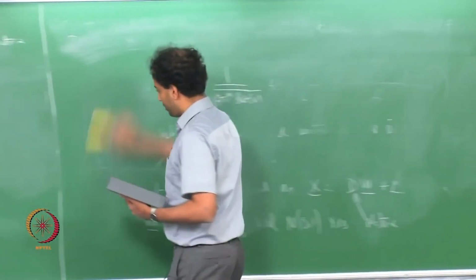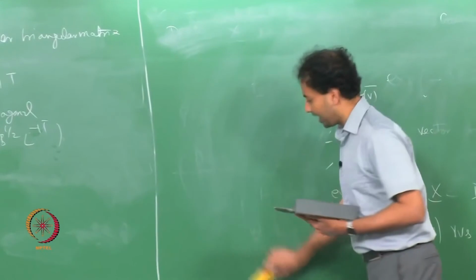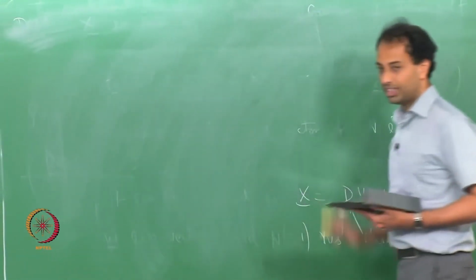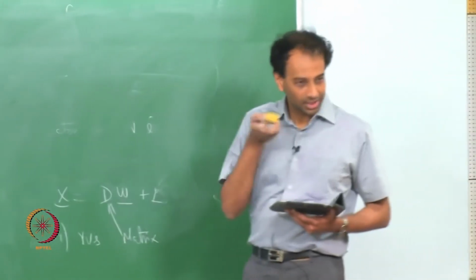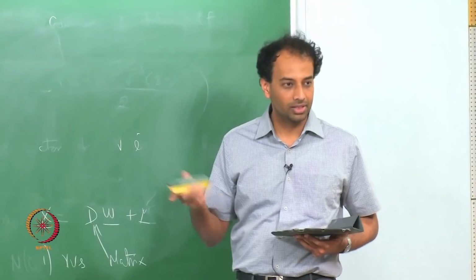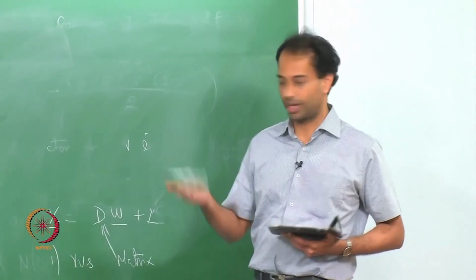If you have a single variate Gaussian, the nth moment is only a function of mu and sigma; it is completely specified by mu and sigma squared.